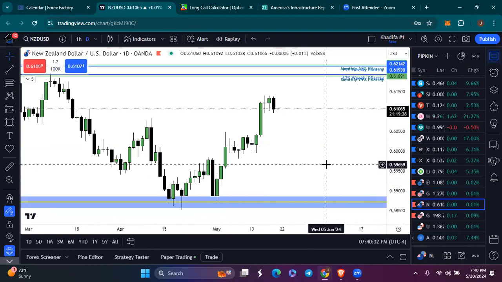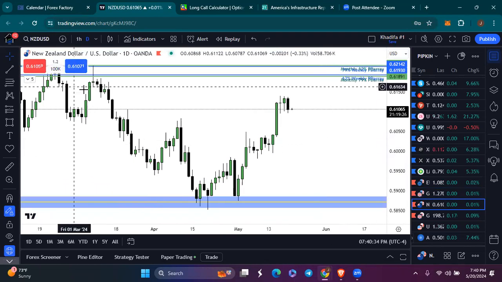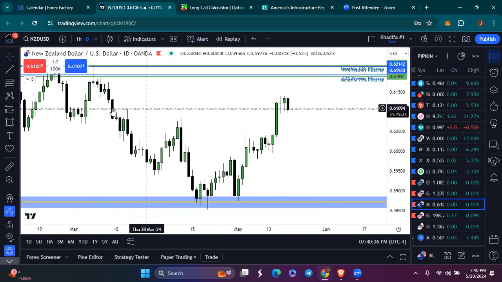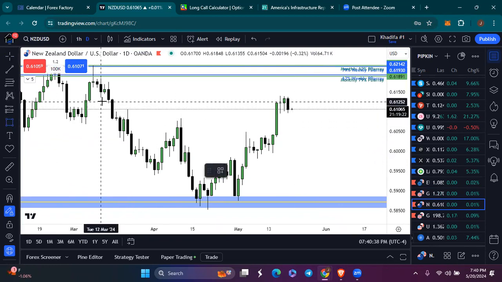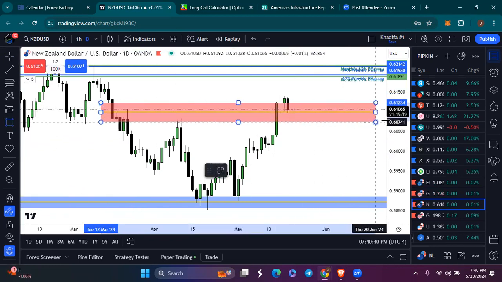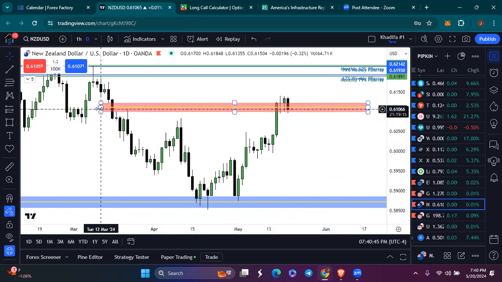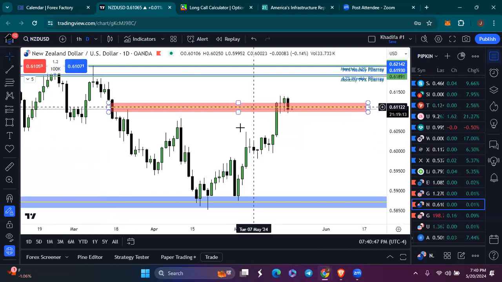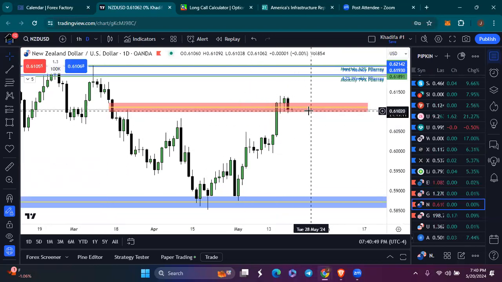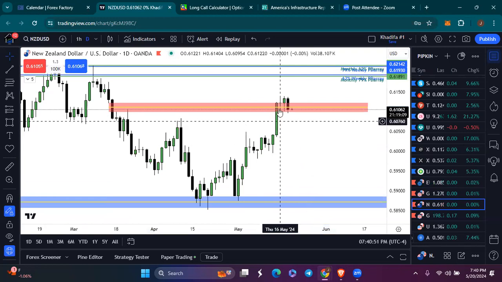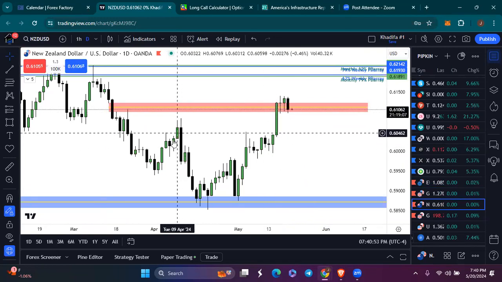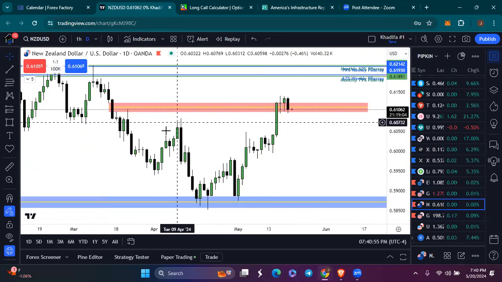Cool beans. Same thing with NZD USD. We don't really have a big daily fair value gap like we did for the pound and the euro. Yeah, there's still one right there. But I don't like it just because we have all this imbalance right here below it, along with this breaker, right?